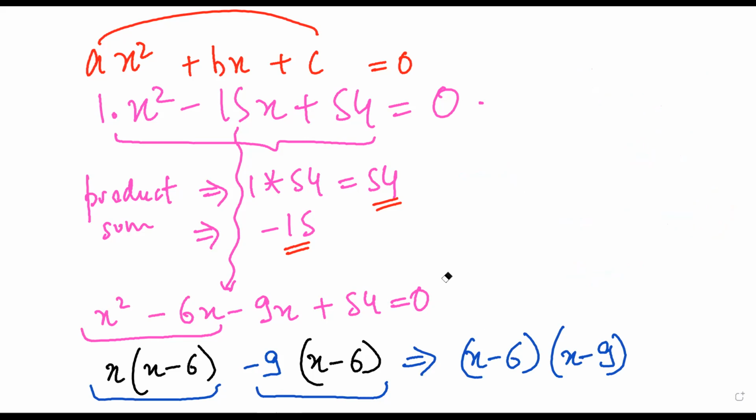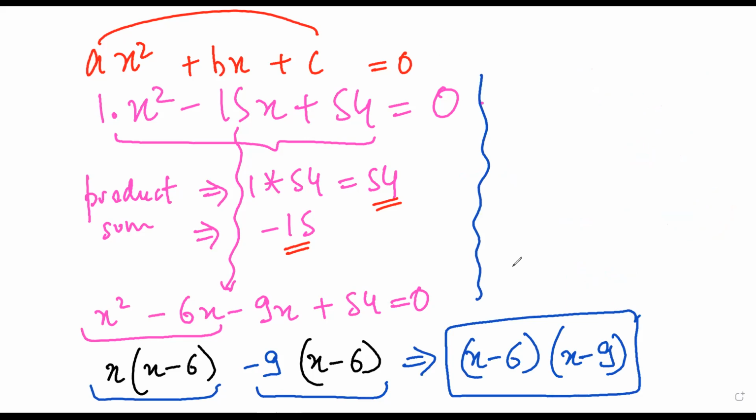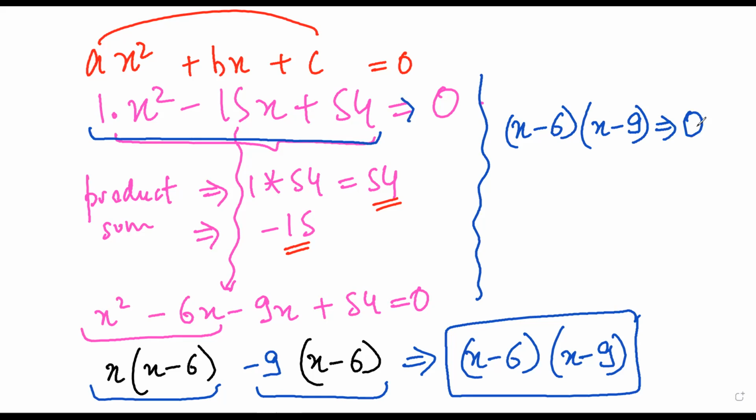This would be the factorization. But when we have to find the roots of an equation, the solution of the equation, we take one more step. So I can write x square minus 15x plus 54 as x minus 6 into x minus 9, and this would be equal to 0. Any doubt till here? No, sir.